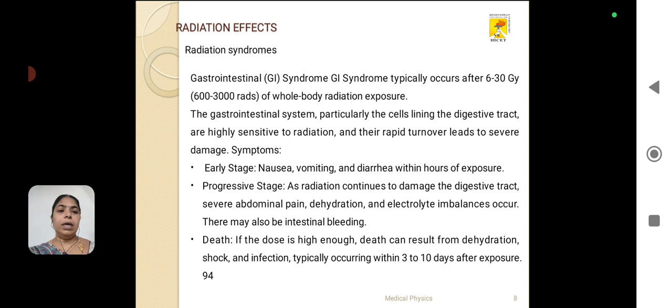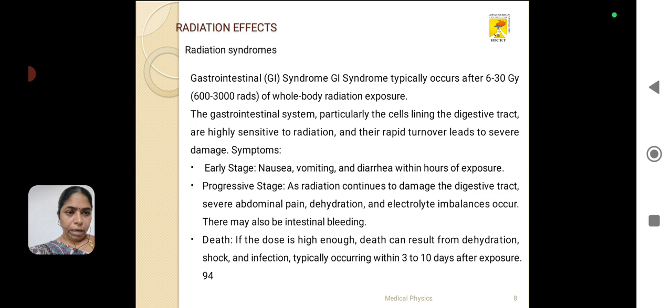Next, let us look at gastrointestinal syndrome. The gastrointestinal syndrome typically occurs after 6 to 30 grays of whole body radiation exposure. The gastrointestinal system, particularly the cells lining the digestive tract, is highly sensitive to radiation, and their rapid turnover leads to severe damage. What are the early stages?